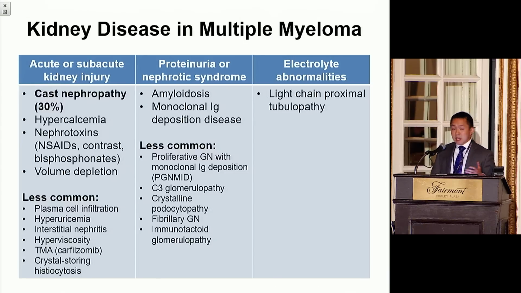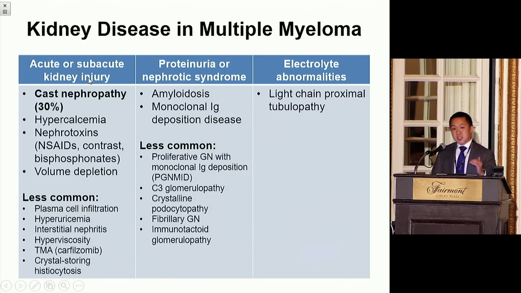Now, there are a variety of different renal manifestations that can occur in patients with multiple myeloma. We can divide these by the clinical presentation, either if they present with acute or subacute kidney injury, if they present with primarily proteinuria or nephrotic syndrome, or if they present with electrolyte abnormalities. We'll talk a little bit more about these on the right side in the next lecture. I want to just focus on the left panel and look at acute kidney injury.